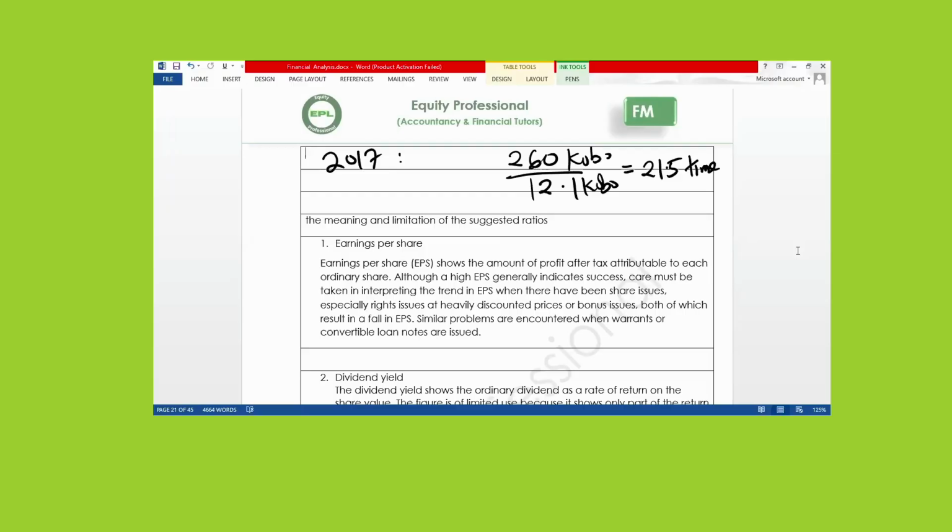When a company issues a convertible bond, the holders can exercise it and convert the bond to equity. The number of ordinary shares will increase, so the fall in earnings per share is not due to a performance problem.